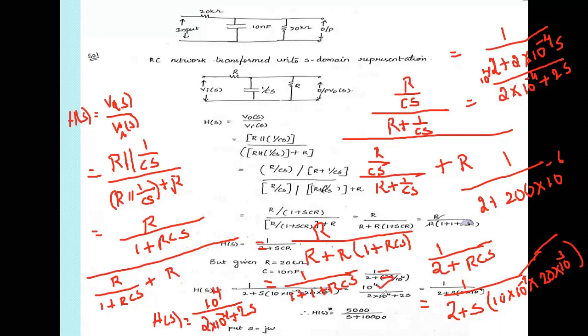So we got here the same, 10 power 4 by the 2 into 10 power of minus 4 plus 2 into s. It is a plus only, my dear students, because 1 by we are writing here. It is also the plus 1 by 10 power 4. Then only you get the numerator, 2 into 10 power 4 plus 2 into s. Got it, my dear students?